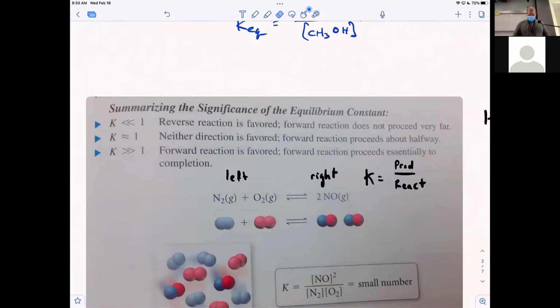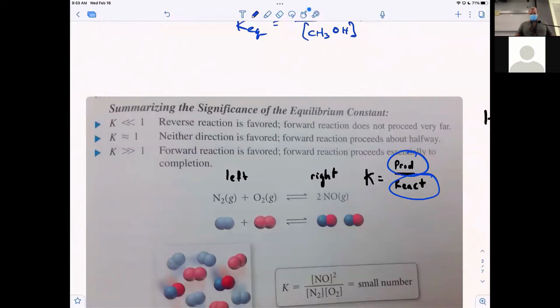And then if K is significantly greater than 1, to have K bigger than 1, that means the products, the numerator, is a big number or a normal number, and the denominator is a very small number. So let's say we have a numerator of 1 and a denominator of 0.000001, a millionth.